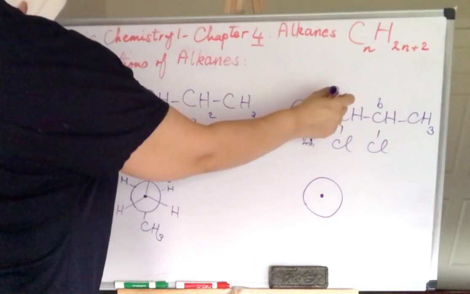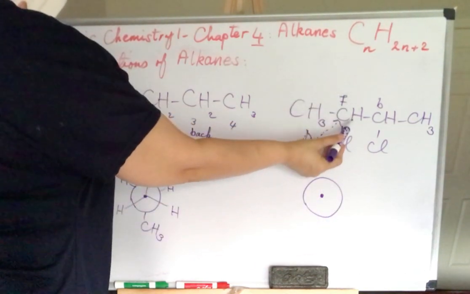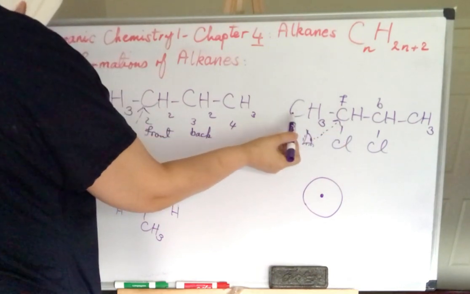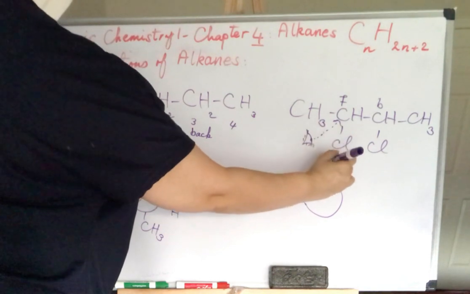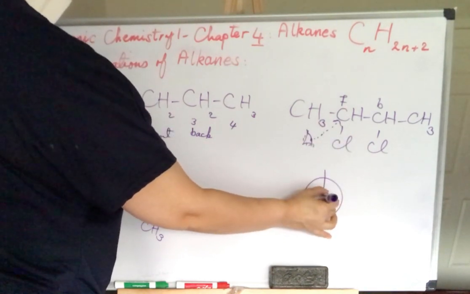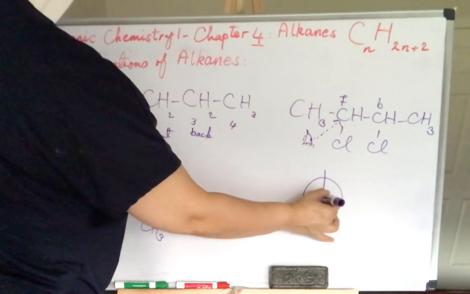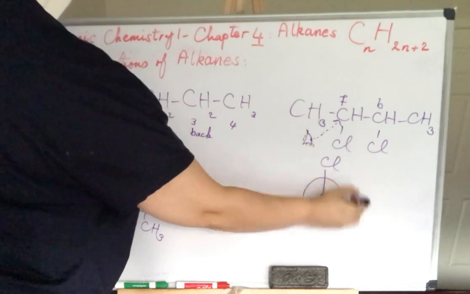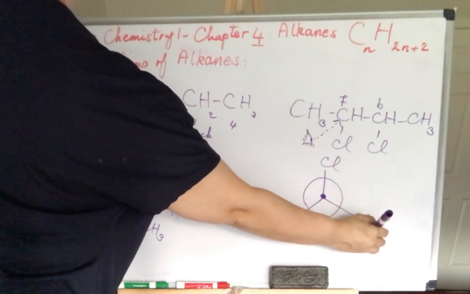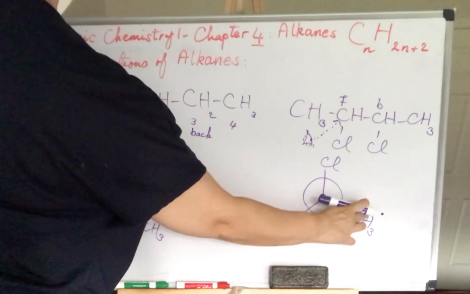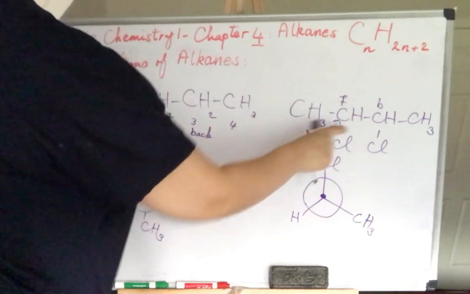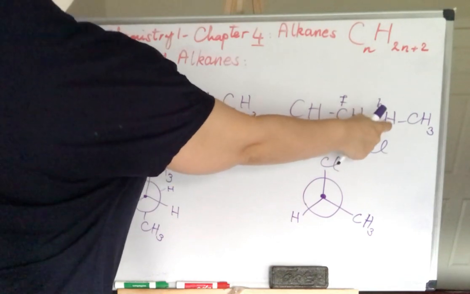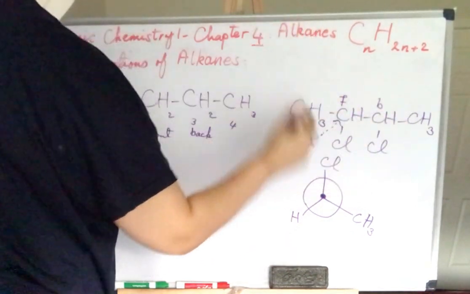What do you see connected to the front carbon? 1 hydrogen, 1 CH3, 1 Cl. So put them wherever you want, but they have to be 120 degrees away from each other. Cl, let's put CH3 here, and then hydrogen. Doesn't matter which one goes where at this point. For the back carbon: hydrogen, CH3, Cl.